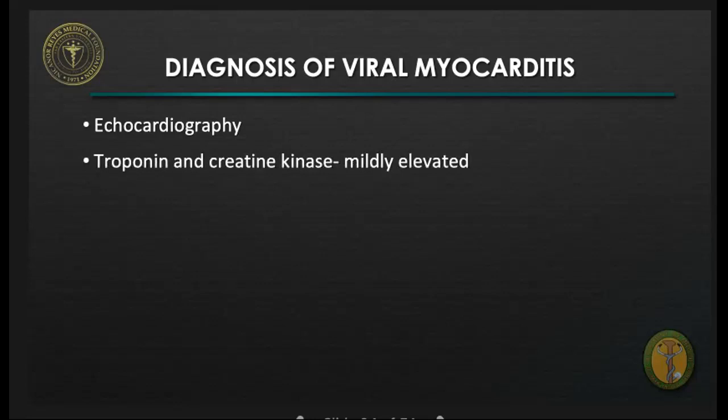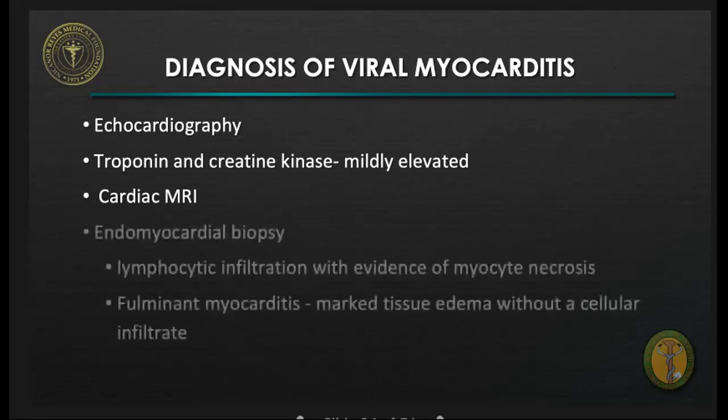Troponin is often mildly elevated, and creatinine kinase may be released from the cardiac injury or skeletal muscle involvement. Cardiac magnetic resonance imaging is increasingly used for the diagnosis of myocarditis, which is supported by evidence of increased tissue edema and gadolinium enhancement, particularly in the midwall, distinct from the usual coronary artery territories.